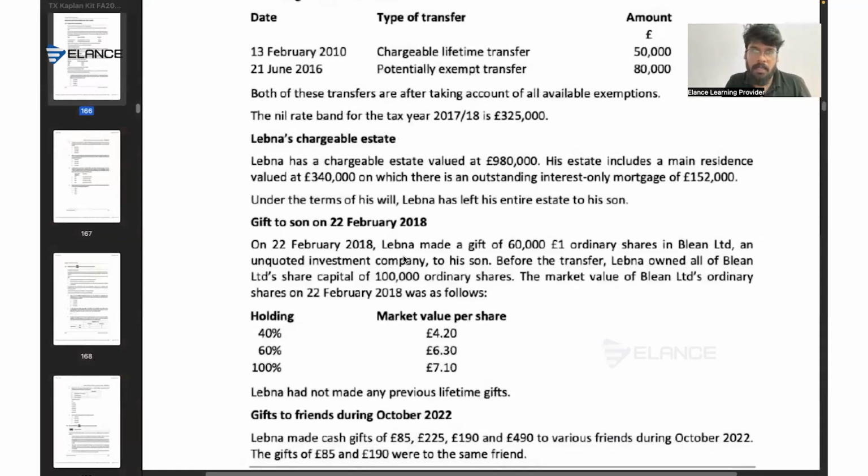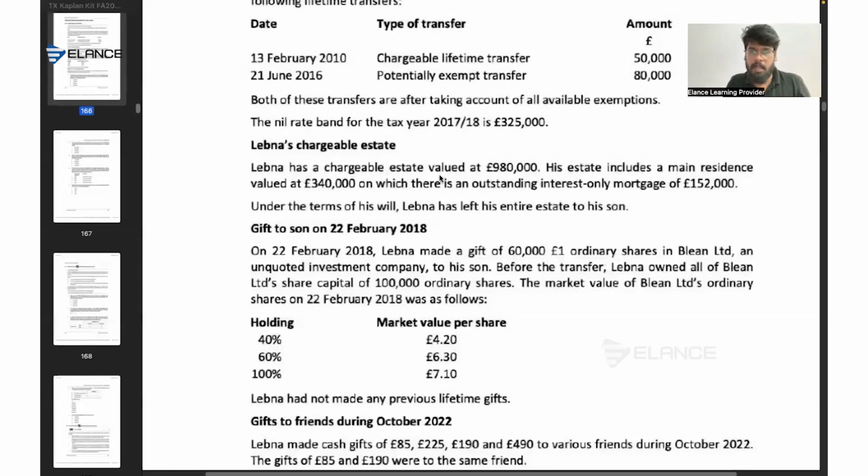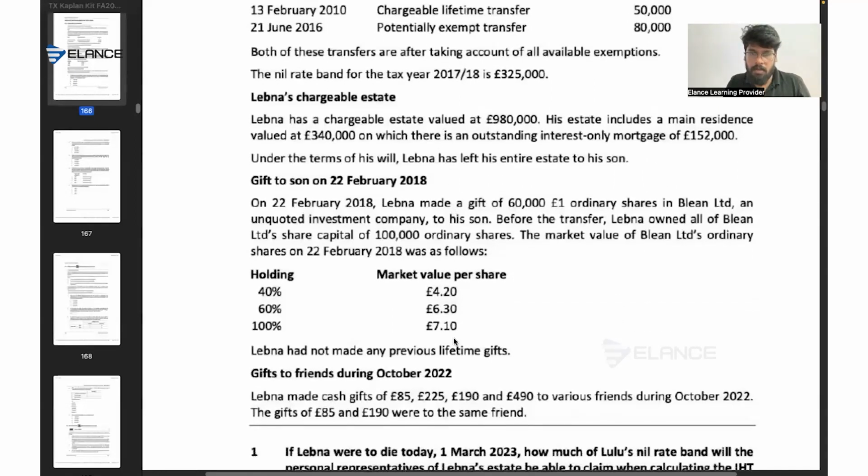Nothing is mentioned here, but look at the last line of the gift to son scenario: Lebna had not made any previous lifetime gifts. So in the previous years, he had not made any gifts.